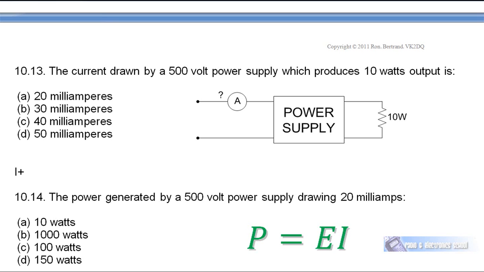I equals P divided by E, and that equals power, 10 watts, divided by 500 volts, and if we wanted to, we could change it to milliamps by multiplying by 1000. That would give us milliamps.